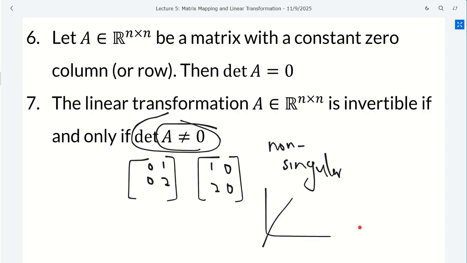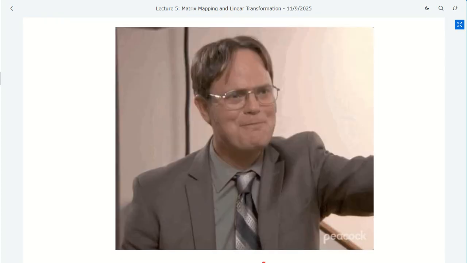So you may have vectors like this forming an area. If you find a transformation and we get a singular matrix, we'll move from this area to what? To a straight line, something that we don't want to happen.